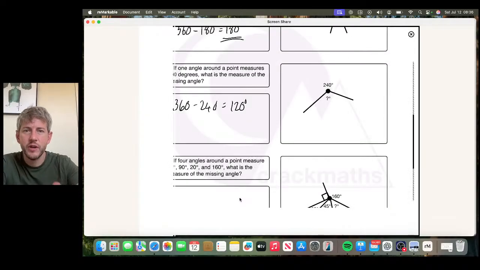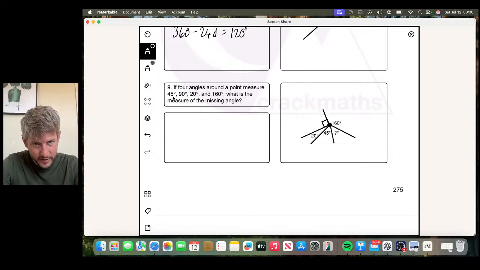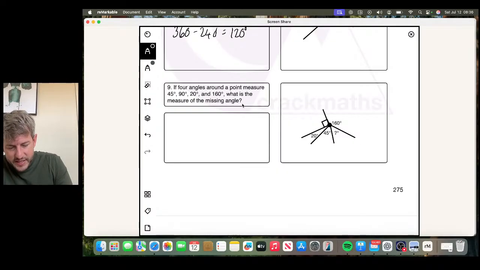And then question 9, we've got if four angles around a point measure 45 degrees, 90 degrees, 20 degrees, and 160 degrees, what is the measure of the missing angle? So we just need to add all of these together. So we've got 160, add 20, add 90, add 45.